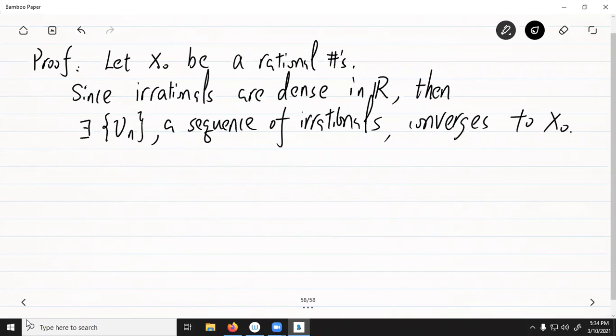We have this kind of problem in your homework. You have a rational number, you must have some irrationals approaching it. The true or false problem, I remember there is one, right? Okay.